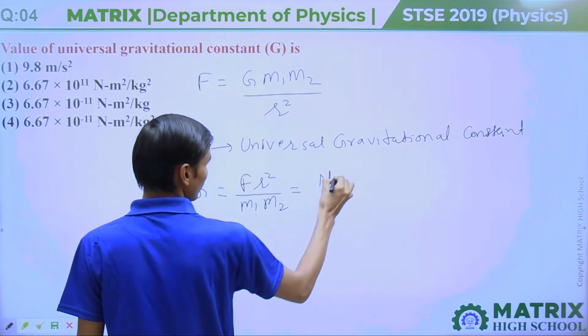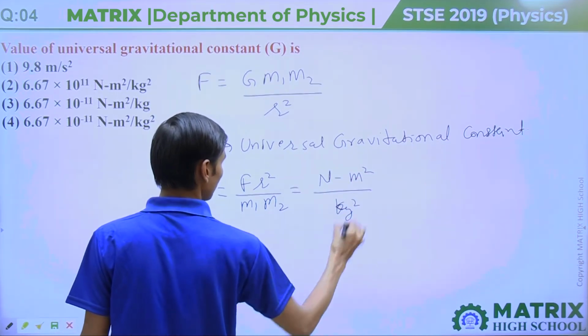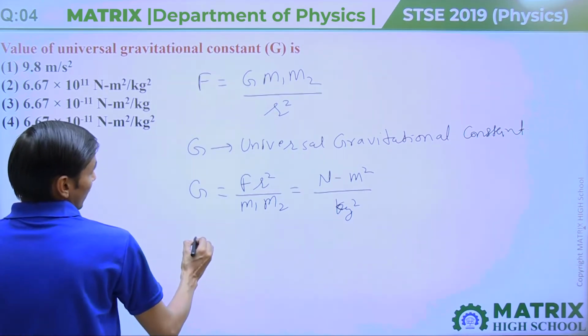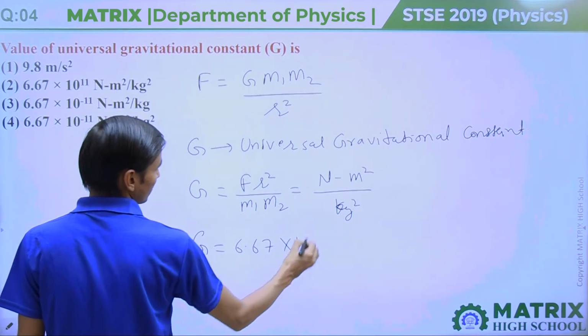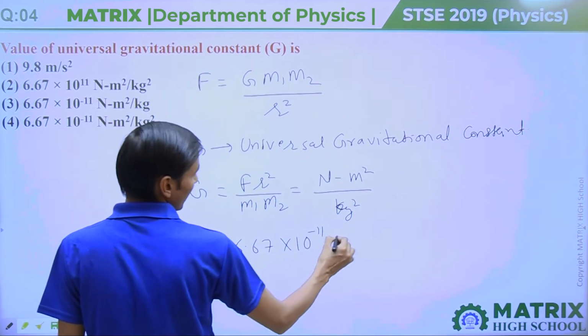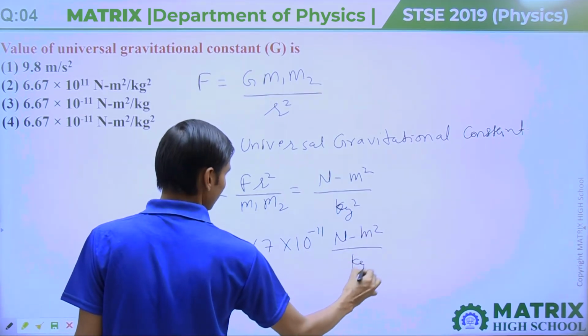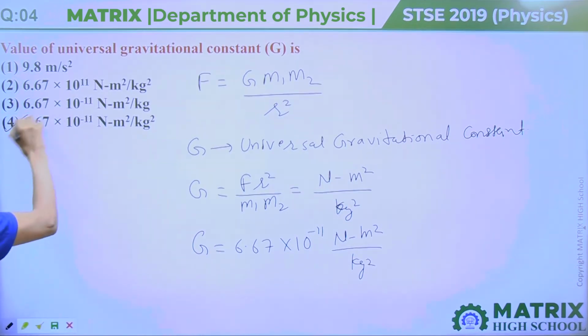Then it will come Newton meter square per kg square. So the value of G is 6.67 into 10 raised to power minus 11 and the unit is Newton meter square per kg square. So the answer will be option 4.